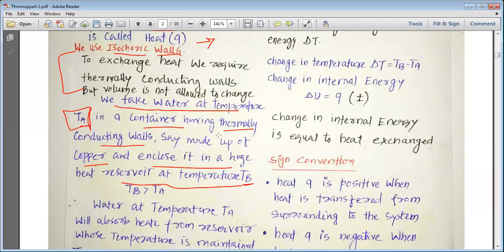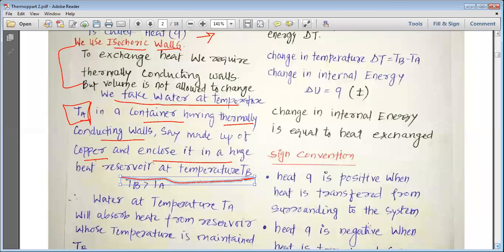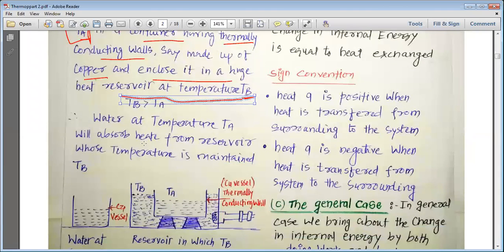This container has thermally conducting walls, made up of either copper or any other conducting material, which is enclosed in a huge heat reservoir whose temperature is TB. Now temperature TB is greater than TA. Water at temperature TA will absorb heat from the heat reservoir, whose temperature is maintained at TB.